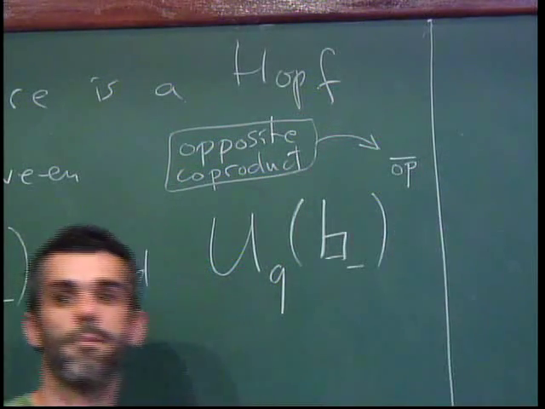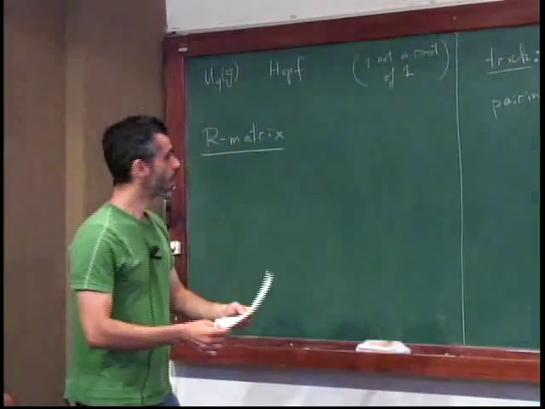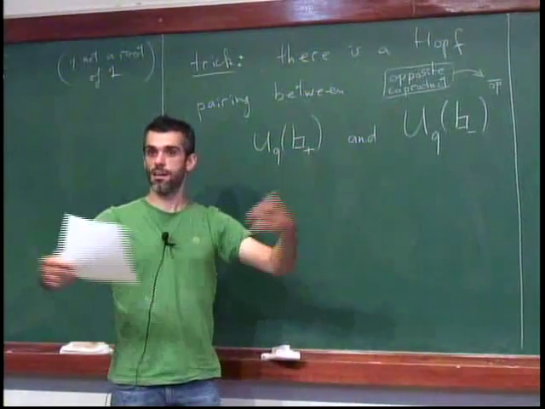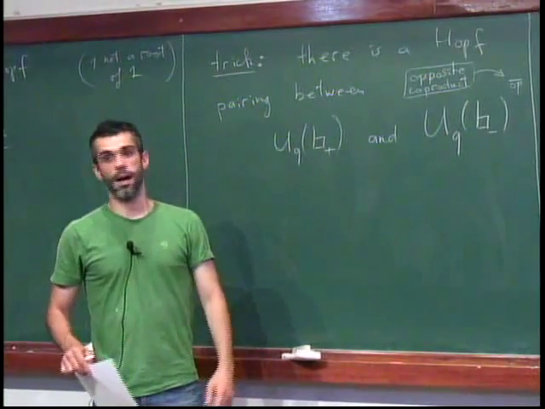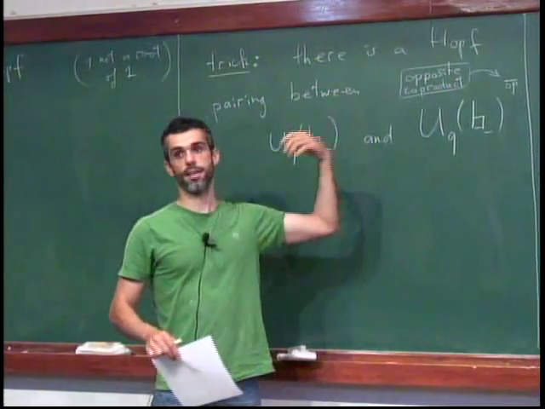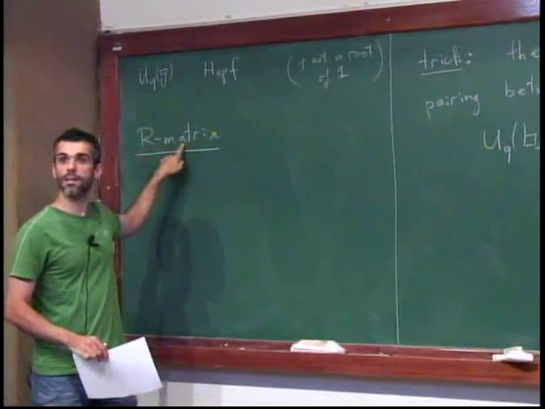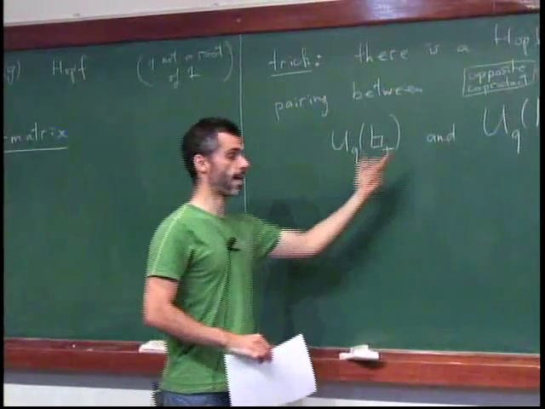The product is the same. The coproduct is switched. So let me tell you first what a Hopf pairing is in general, and then I will explain how the existence of a Hopf pairing can produce an R matrix, and later I will construct the Hopf pairing between that and that.